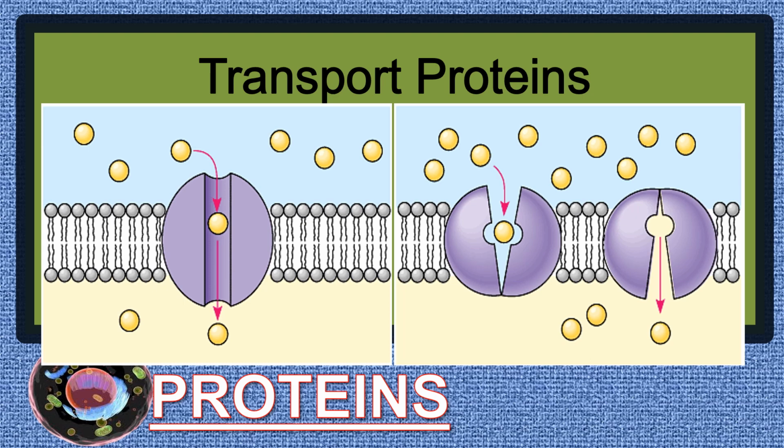Another type of protein embedded in the plasma membrane is a carrier protein, wherein this protein binds a substance and in doing so triggers a change of its own shape, moving the bound molecule from the outside of the cell to its interior depending on the gradient involved. Take note that carrier proteins are typically specific for a single substance, and this adds to the overall selectivity of the plasma membrane.